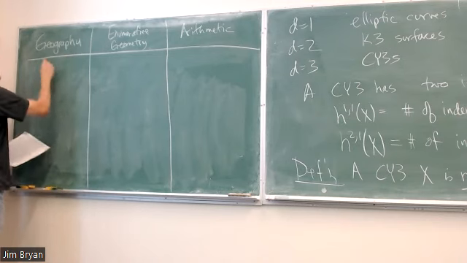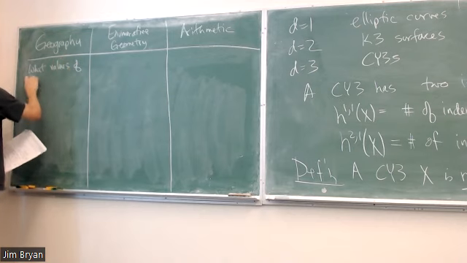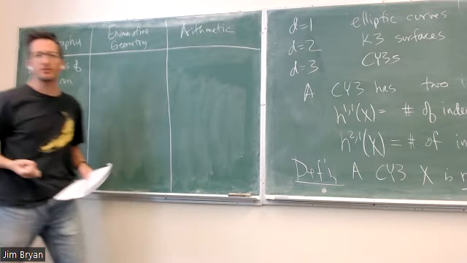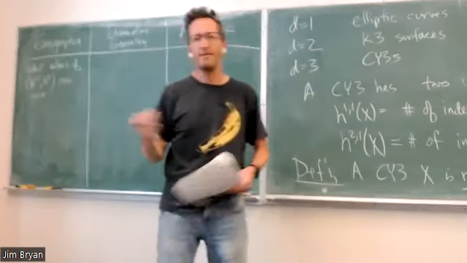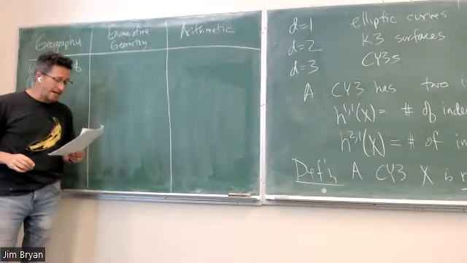So, okay, the geography question asks what values of these numbers H21 and H11 can occur, right? So obviously if the number of topological types is finite, then this collection of which values can occur is finite.